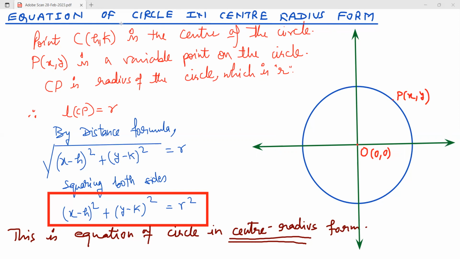The radius is r. What is the radius? r. This is the radius. Now I will write the equation of the circle.